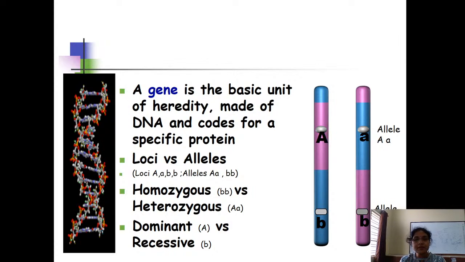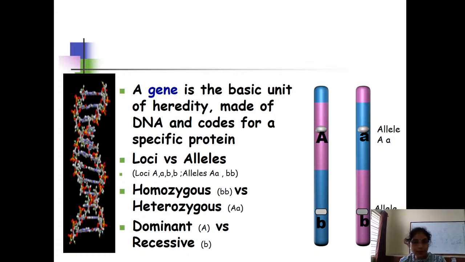Now, a gene is a basic unit of heredity made of DNA and codes for a specific protein. You know what loci are and what alleles are. You'll have known this in 10th, and in inter, and you will be reading all this in MBBS first year also. This is important for us. Then you know what homozygous and heterozygous are, and what dominant and recessive traits are.